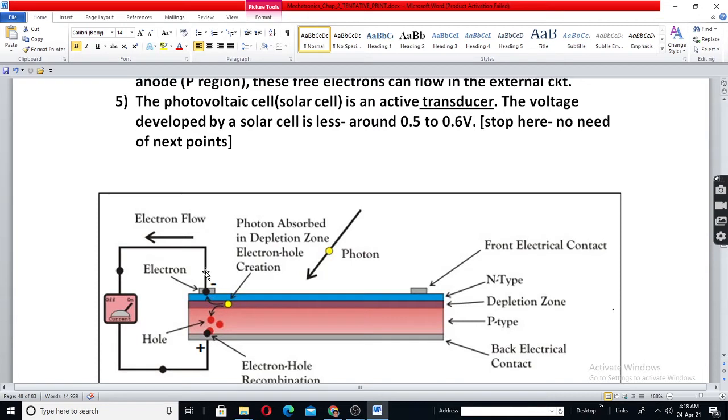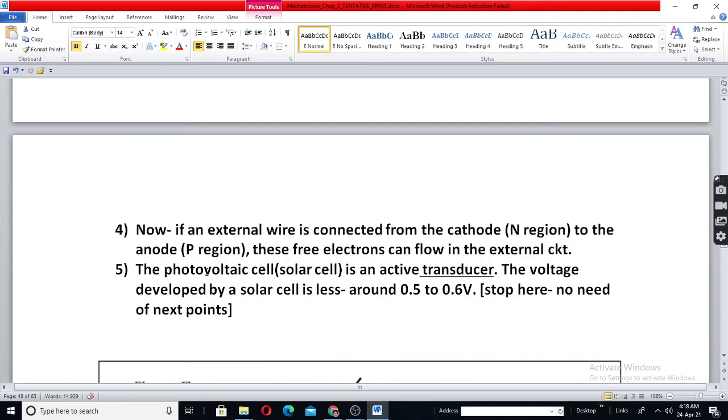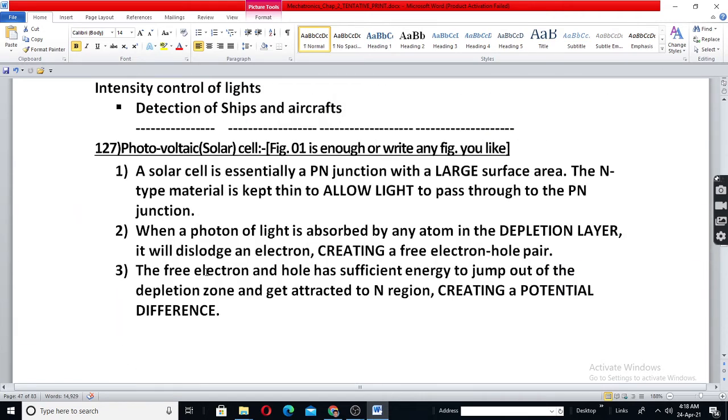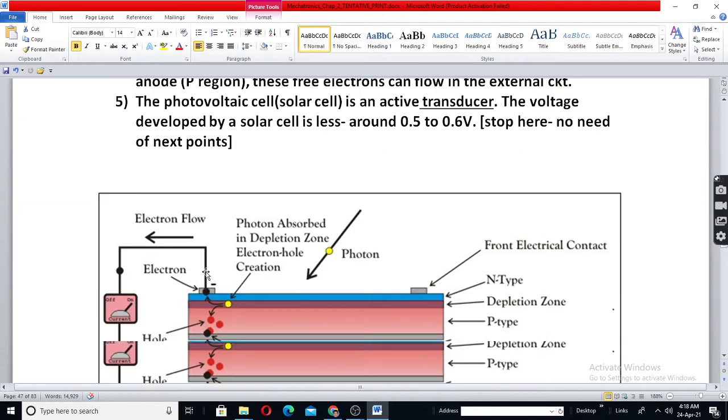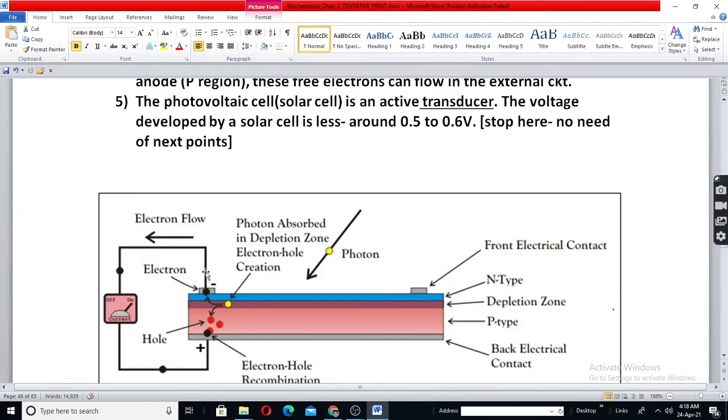Photoemissive means electrons are emitted. Photoconductive means resistance changes. Photovoltaic means voltage is produced. So here, to have proper voltage, the surface area is increased.